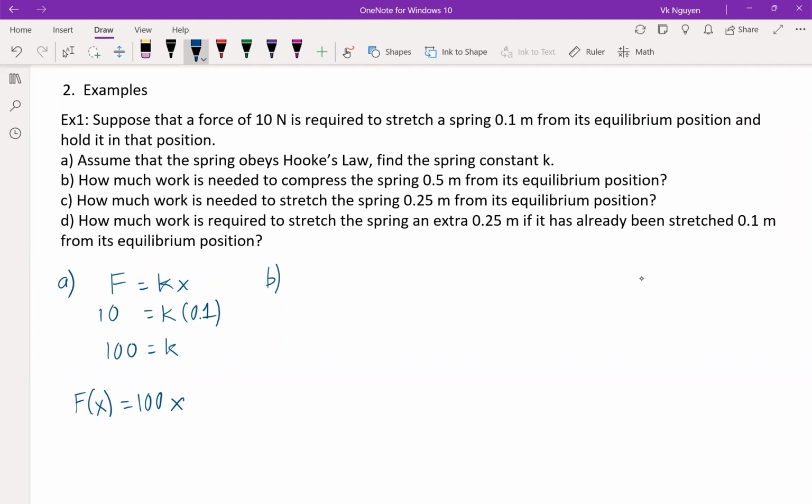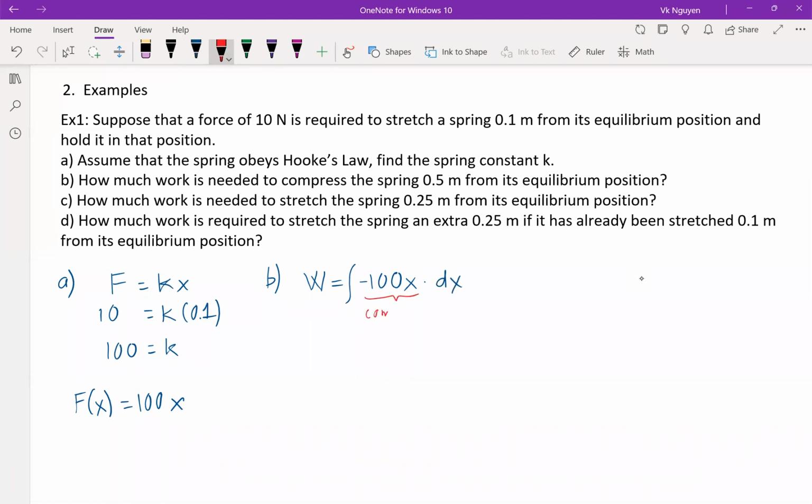Now we can do B. We need to figure out the work needed to compress the spring. Work is the integral of force times distance. Force is 100x, but it will be negative because we are compressing, right? Distance is dx.